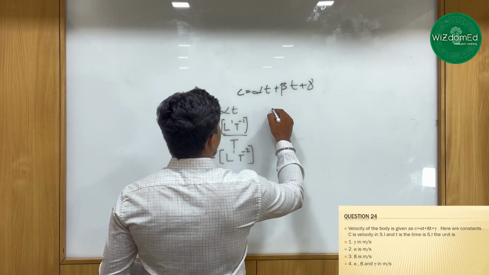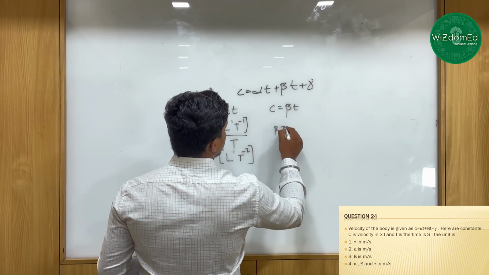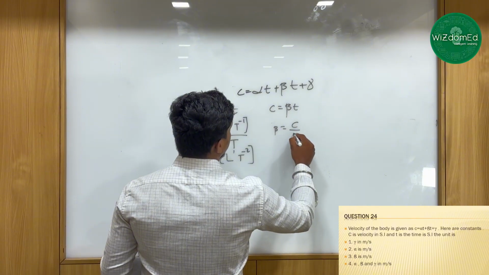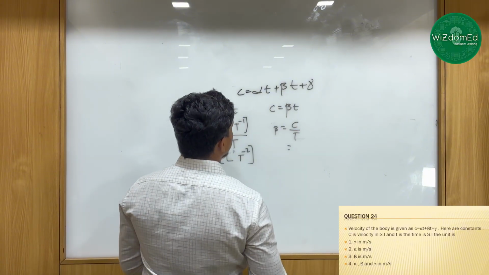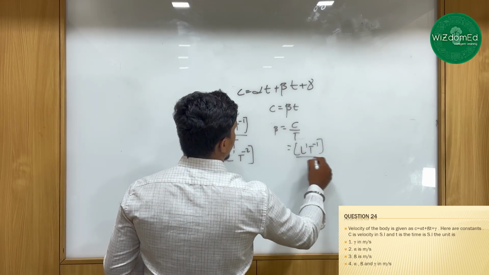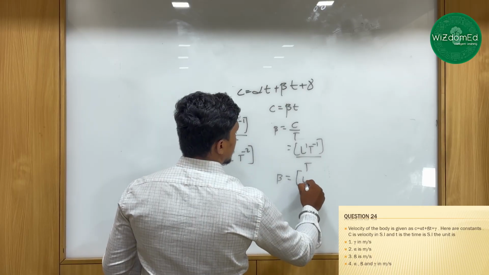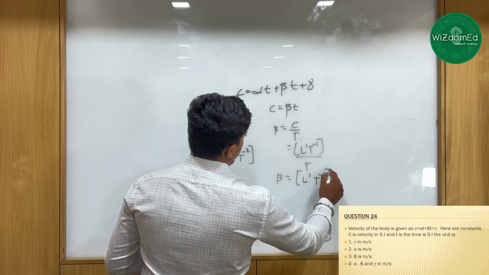In the same way, if we take c is equal to beta t, the dimension of beta will be c divided by t, where the dimensions of c is L power 1 and T to the power of minus 1, whole divided by t, so the dimensions of beta will be L power 1 and T to the power of minus 2.